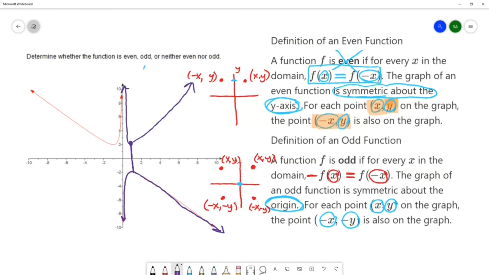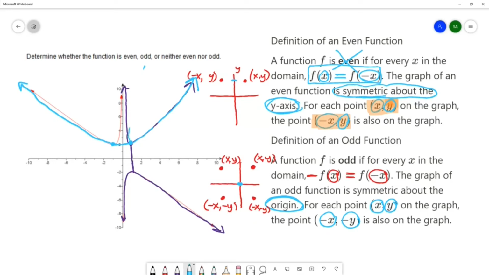Now let's try a second reflection. If we're going to reflect over the y-axis, then right now I'm about 1 unit to the right. I would mirror 1 unit to the left. So this point would move here. And this piece that's going off up into the left would mirror to go, I think I said that backwards. It's going up and to the right. It would mirror to up to the left.